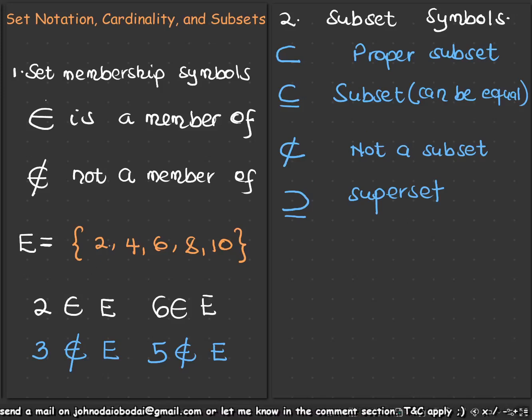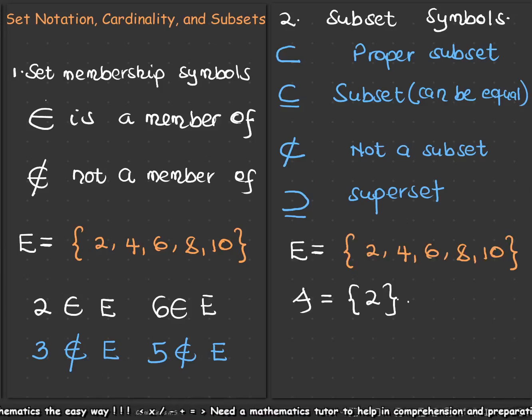Let's consider 2 sets. I'll call set E the set of even numbers less than 11, and A the set of even numbers that are prime. We know 2 is a prime number, but it's also an even number.